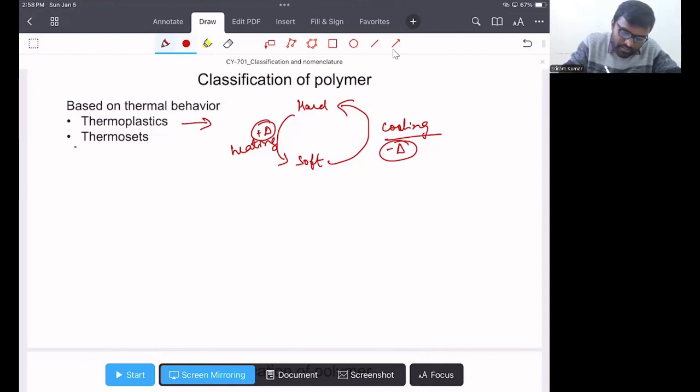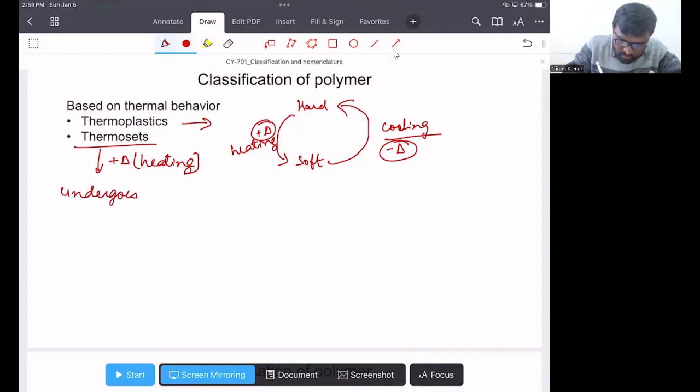However, thermoset materials cannot go through the cyclic process of hard and soft states. In thermosets, what happens if you heat the material? The material undergoes chemical reactions, a kind of cross linking.